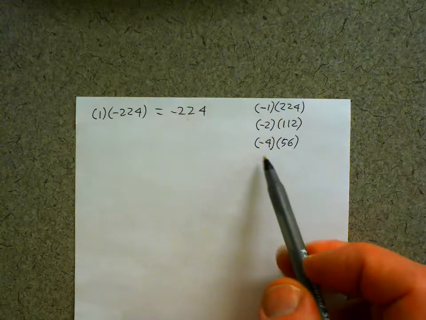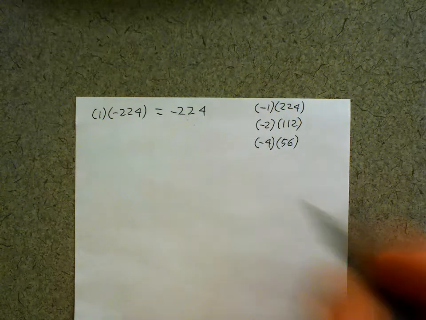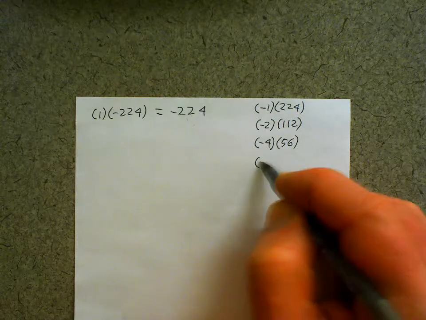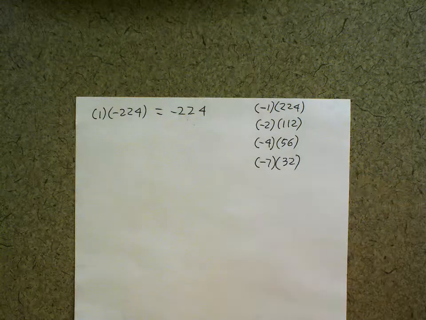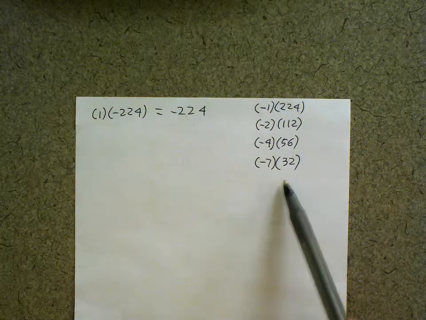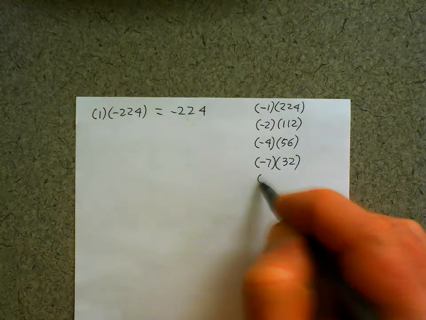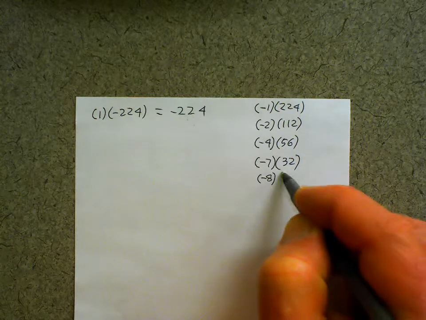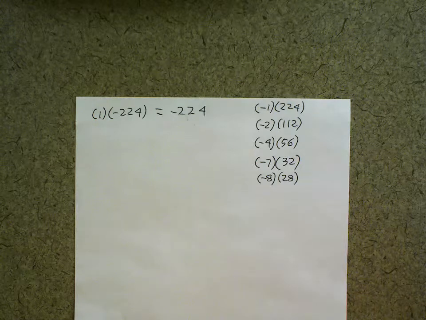Negative 5 is not a factor. Negative 6 is not a factor. But negative 7 is. Negative 7 times 32. Negative 8 and 28. Those add up to 20. We're getting closer.